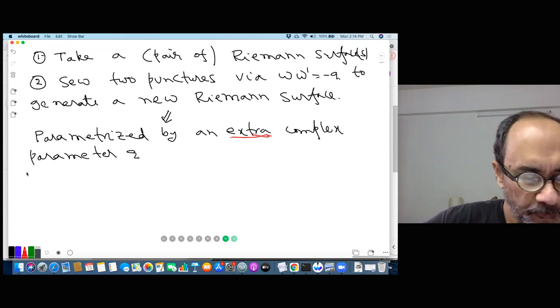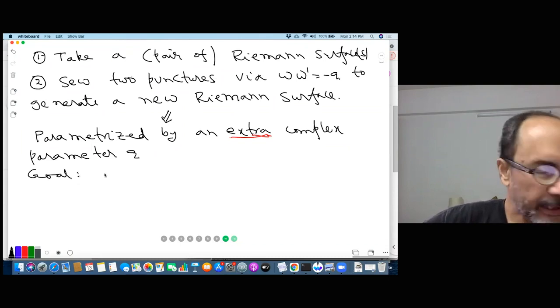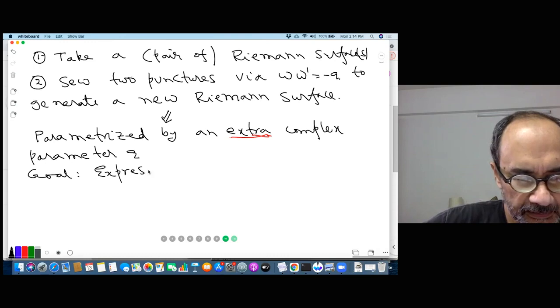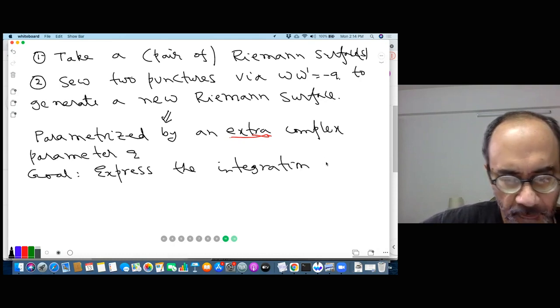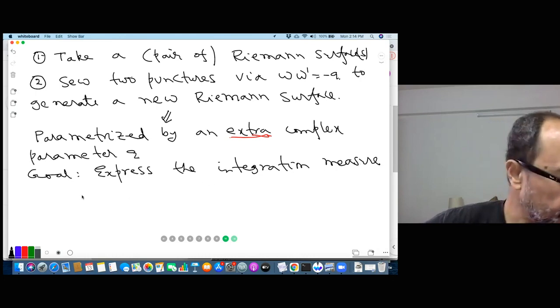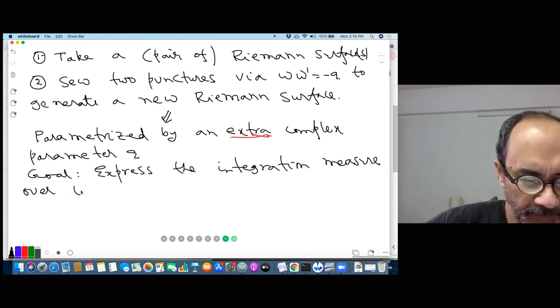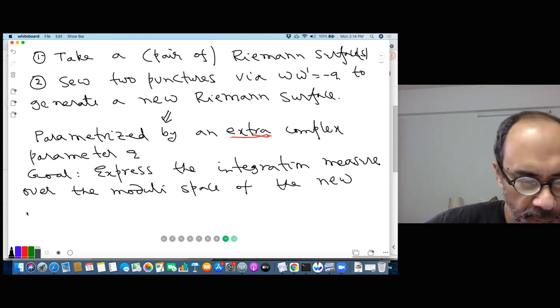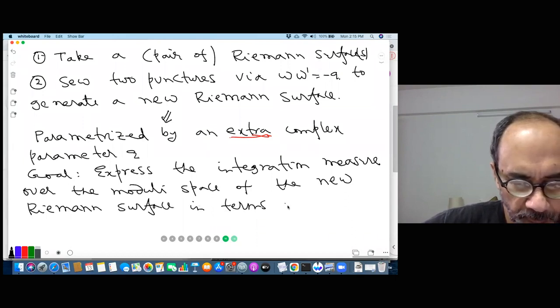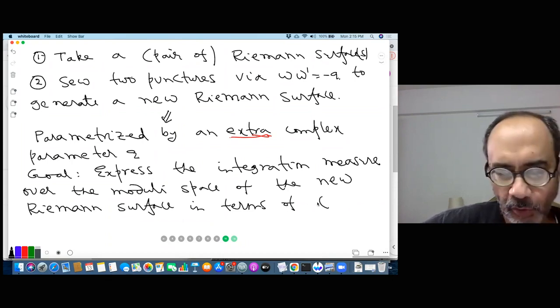So what we are going to do now, our goal, will be to express the integration measure over the moduli space of this new Riemann surface in terms of those on the original surfaces.